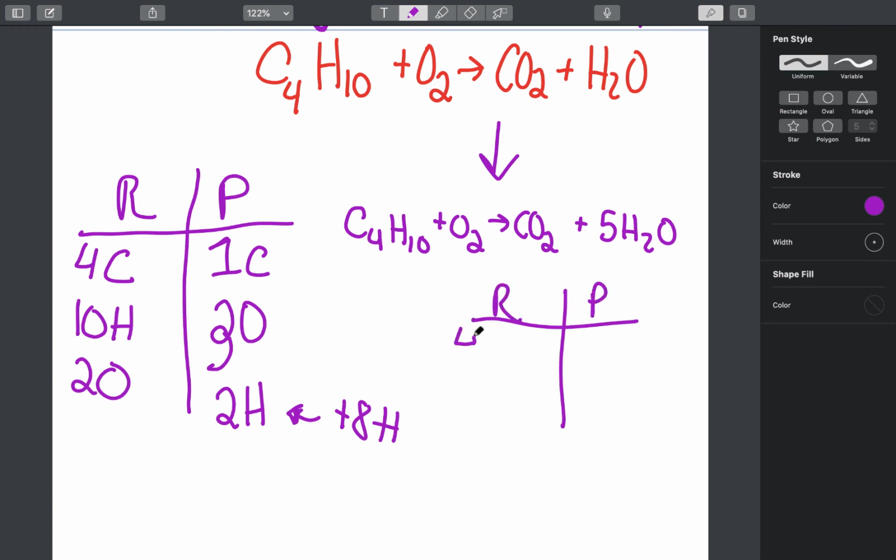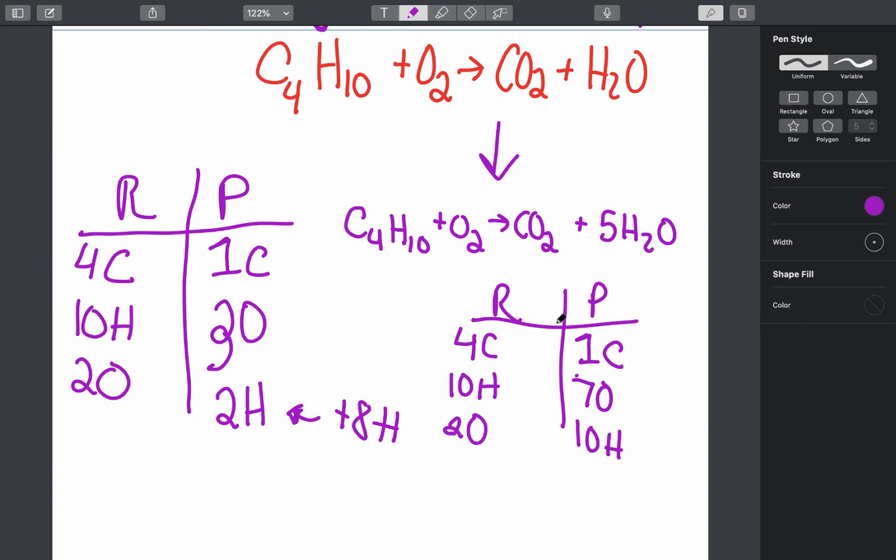So we have 4 carbons, 10 hydrogens, and 2 oxygens. And then on our product side, we have 1 carbon, we have 7 oxygens because we have 5 oxygens from the H2O and 2 oxygens from the CO2. And then we have 10 hydrogens.